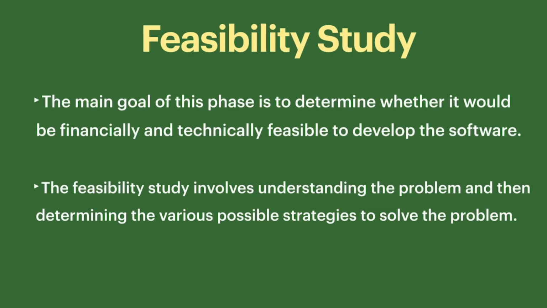First is the feasibility study. The main goal of this phase is to determine whether it would be financially and technically feasible to develop the software or not. In this phase, the project members, actually the software development company or the team, determine whether it would be financially or technically feasible to develop the software or not.